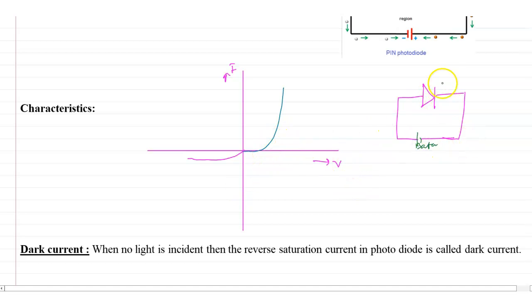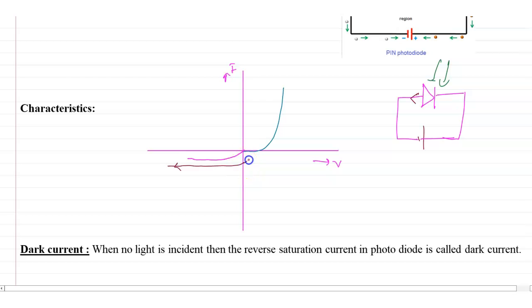But when light enters it, suppose the battery is connected in reverse bias. Now in reverse bias, the photodiode creates a large number of electron-hole pairs and provides a large amount of current in the reverse direction.